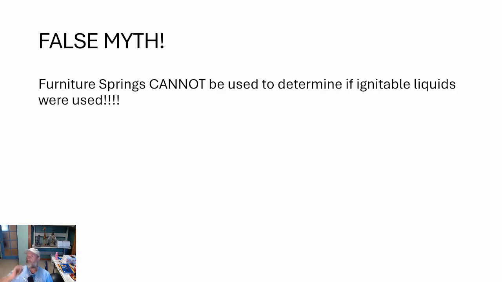One really important myth: this is a topic that has widely been used in decades past, resulting in convictions, where the prosecutors, fire forensic experts, and the firefighters involved in arson investigation claim that furniture springs with deformation are due to ignitable liquids, and that's just patently false.